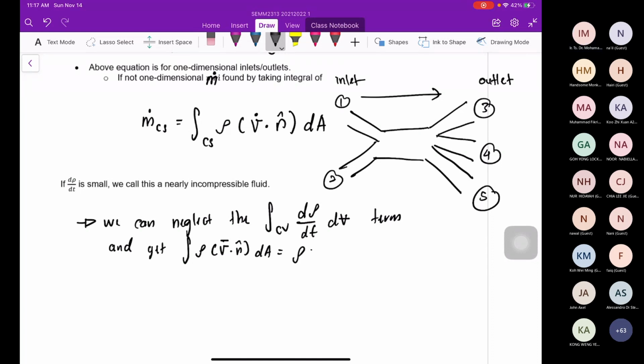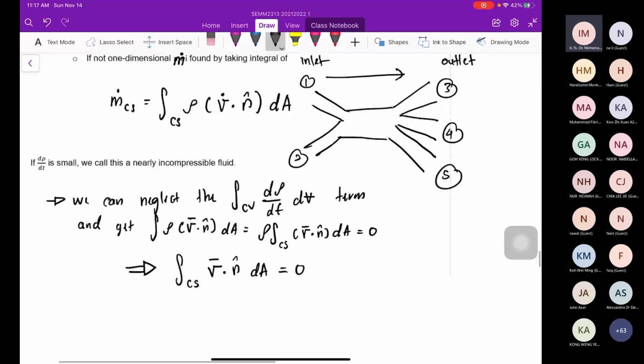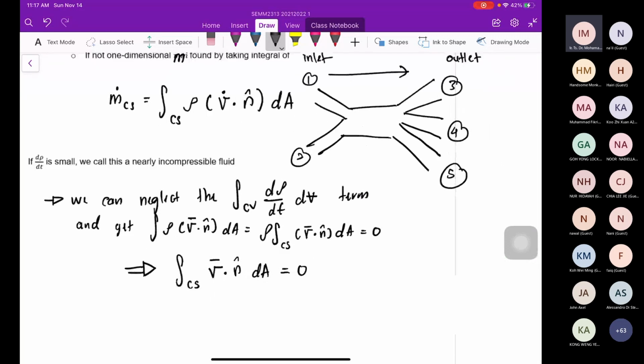The density is outside because the density is constant. So the control surface integral of V dot n dA equals 0. The density goes to the right side because this is 0. We move it to this one, and it will become this one.